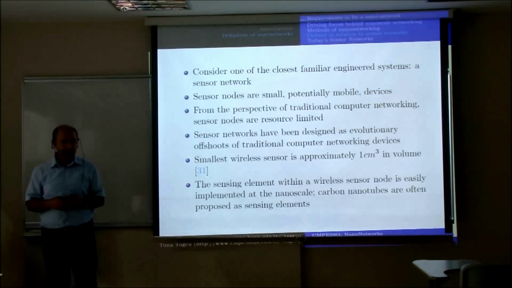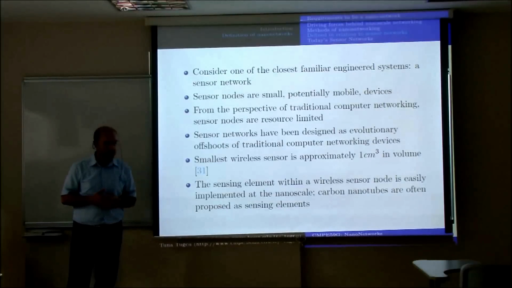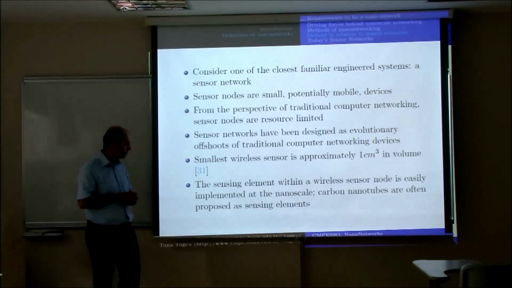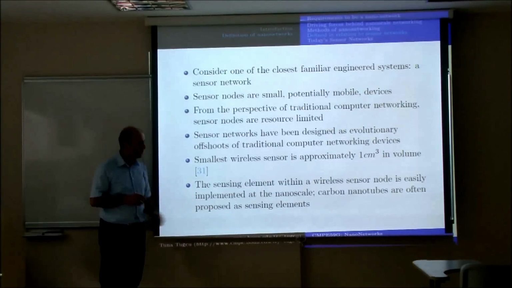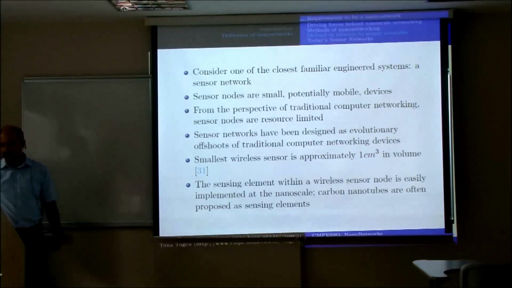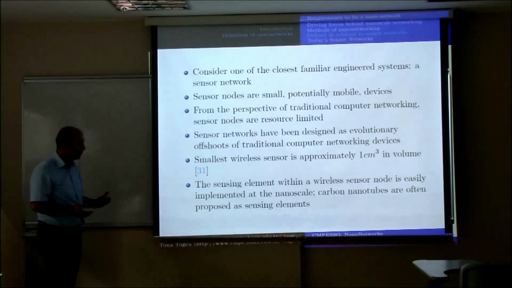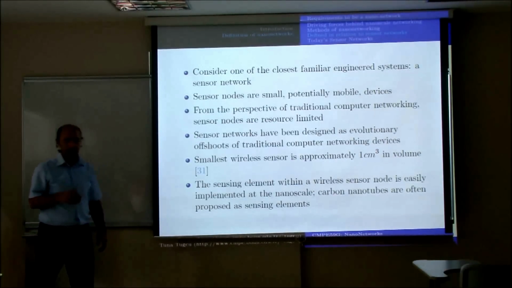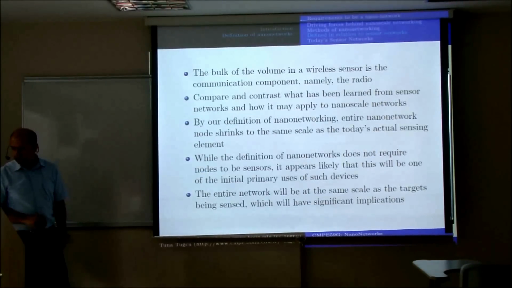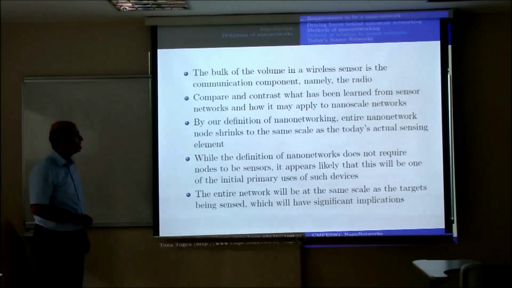Actually, the sensing component typically is one of the largest parts in a sensing node. So people are proposing making use of carbon nanotubes to make these sensing elements. But you also need to do something on the communication side.